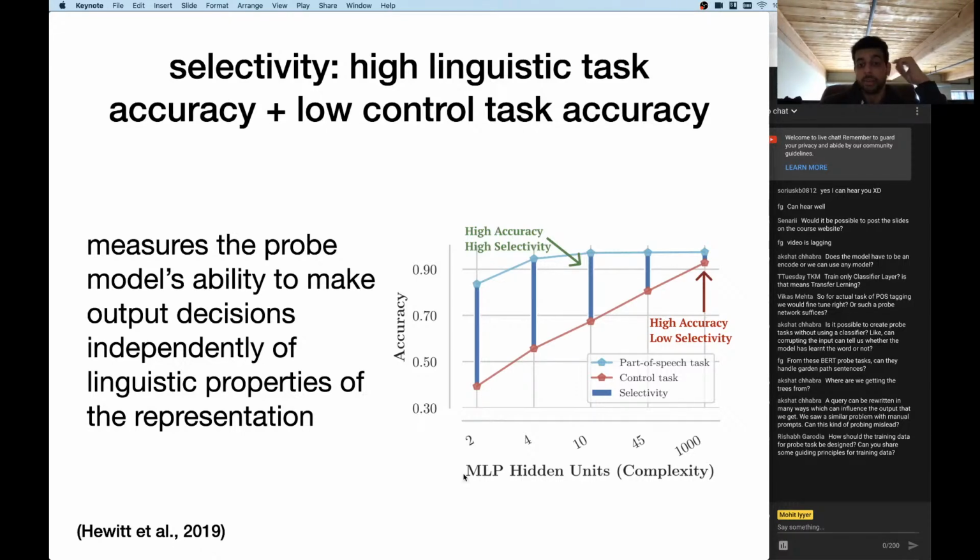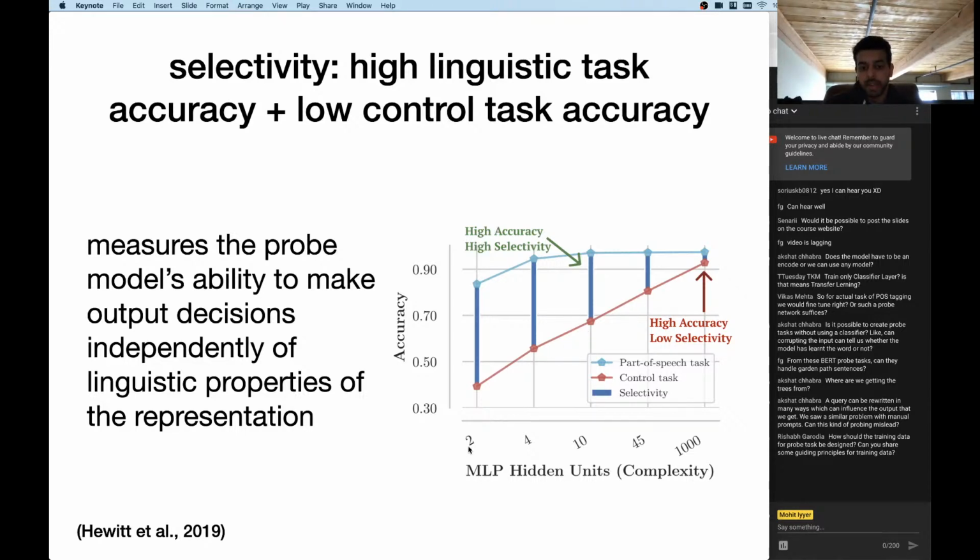We have talked to this point about accuracy being important, because that tells us whether or not the model has understood the property that we're measuring. Here we see that the light blue line up here is showing the part of speech tagging accuracy. The red line on the bottom is showing the accuracy in this control task of predicting which random group this word belongs to.